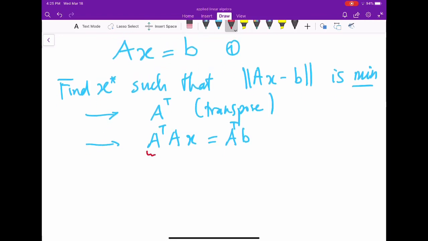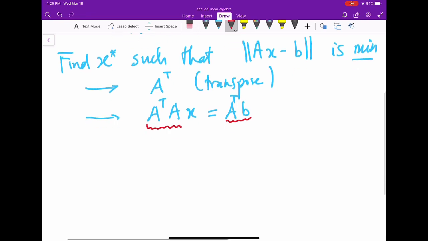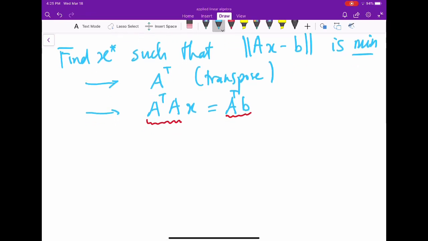First we find the product A^T A, and then we find A^T b. From here you can see that this matrix is square, and once we have that, we can use several methods to solve such systems.